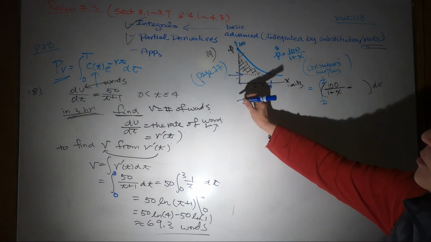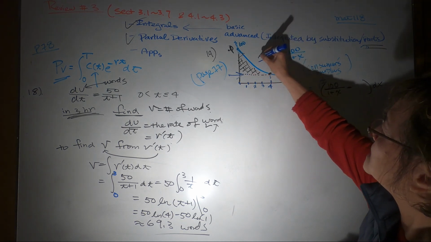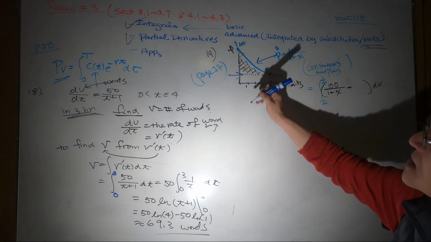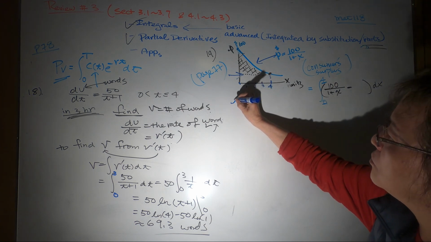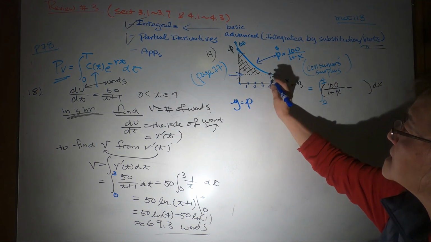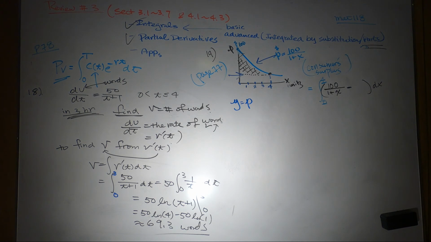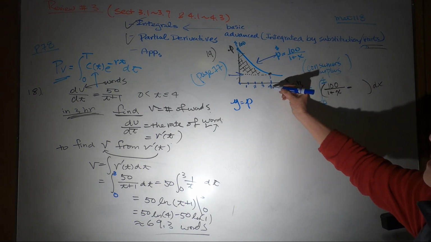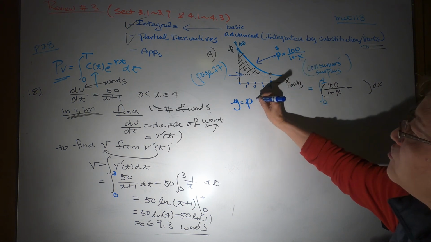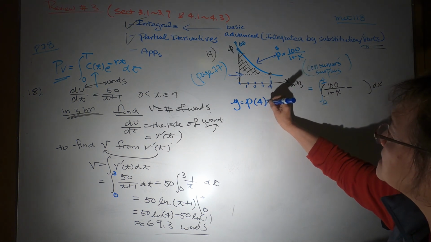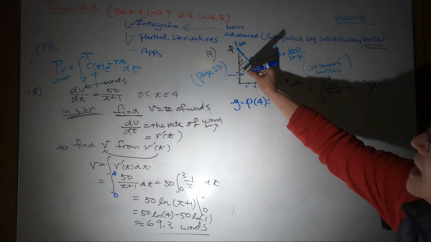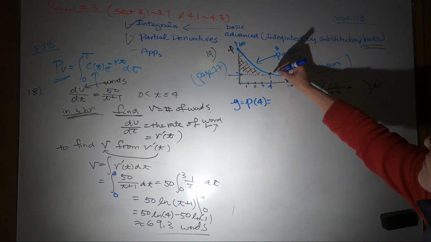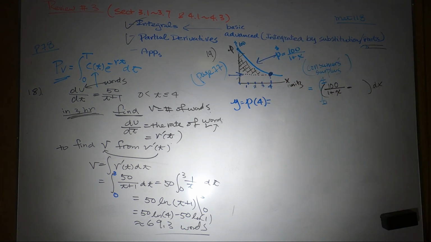What is the equation? This one is P equals that, right? This one is y equals your price at the equilibrium spot, which is what? Quantity is 4. So at a quantity of 4, that would be your price for your y, right?